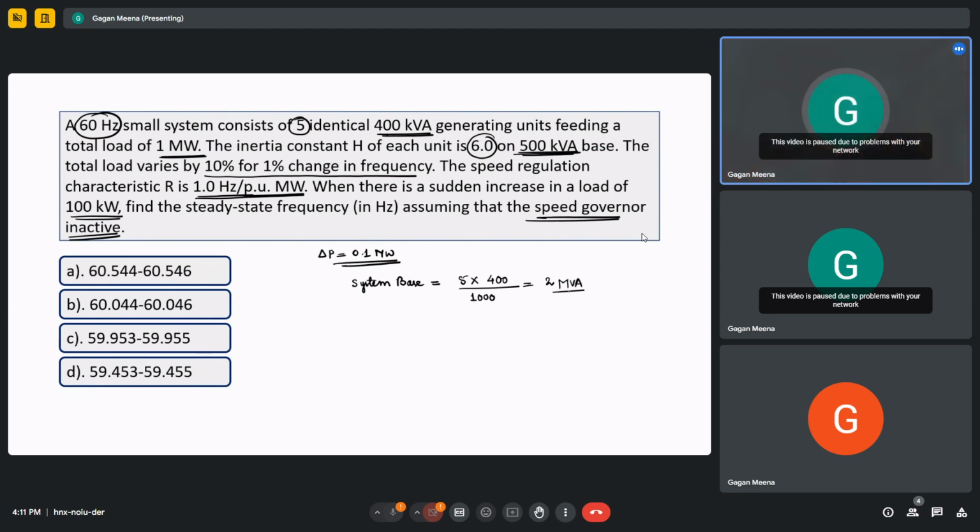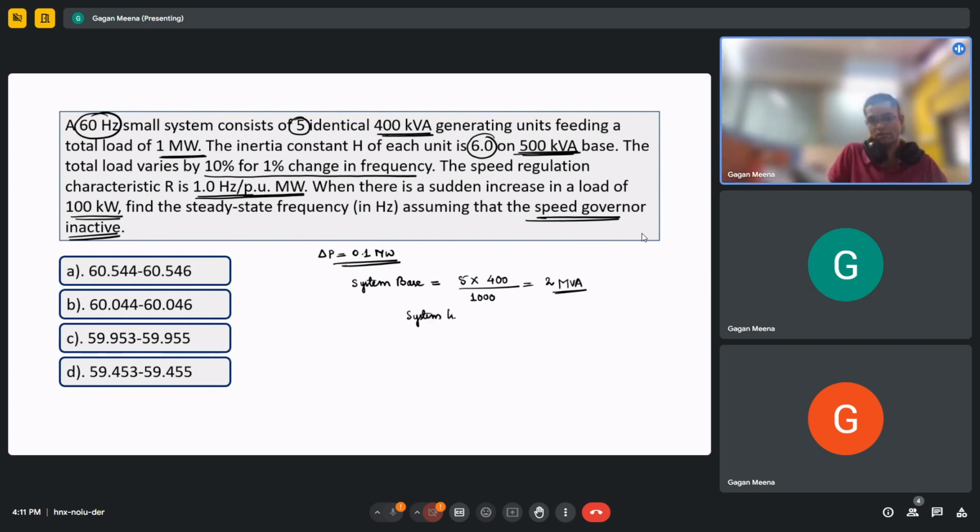Then system load, increase in load, so earlier it was 1, now it is 0.1, it becomes 1.1 megawatt now.